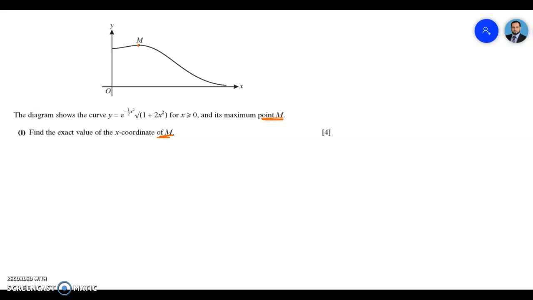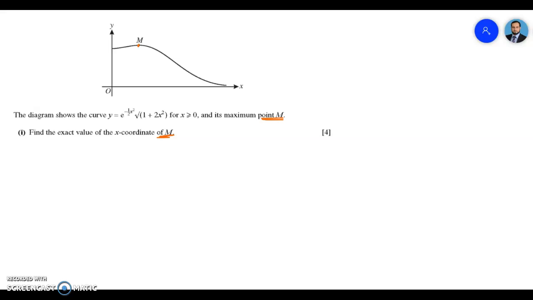As we know, to find a maximum point on the curve, we can find the first derivative of that curve and set it equal to 0, so we can solve for x and get the value of x where it is maximum.